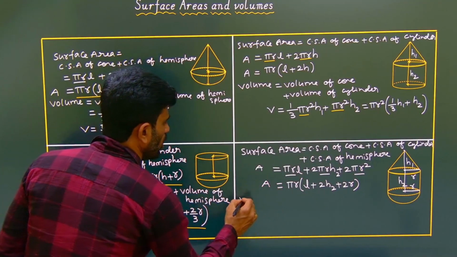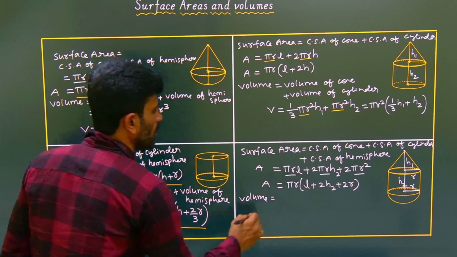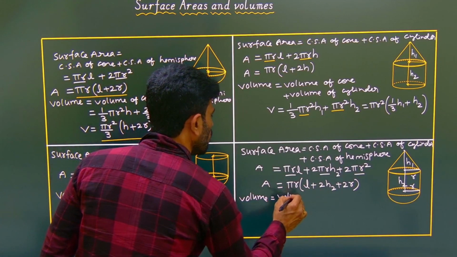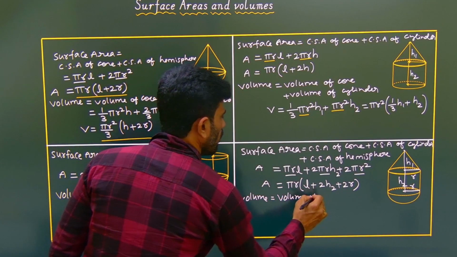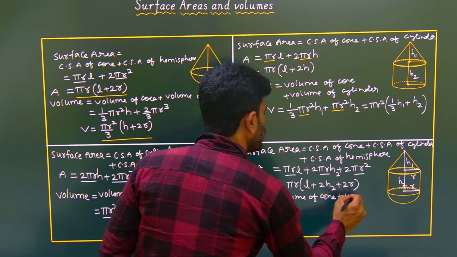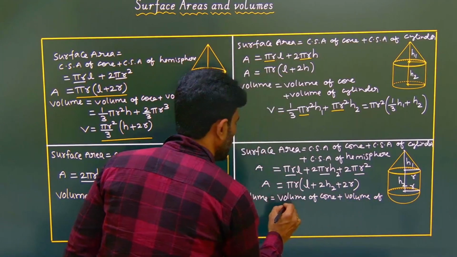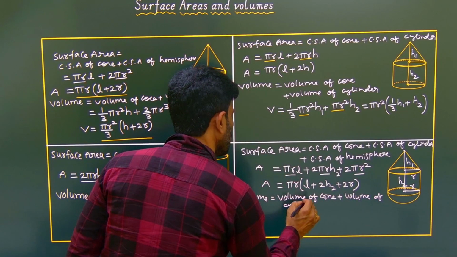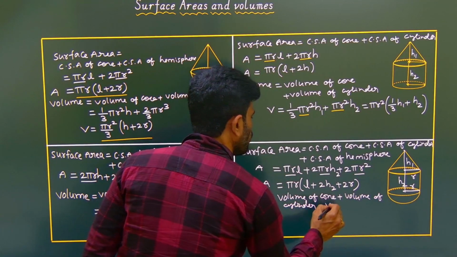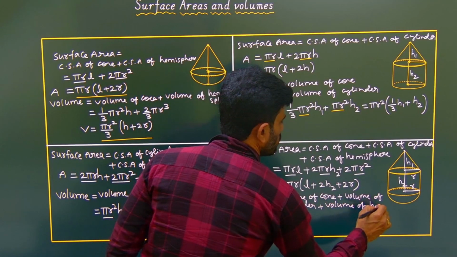Coming to the volume, what do you have to do? All the volumes we have to add: volume of cone plus volume of cylinder plus volume of hemisphere.